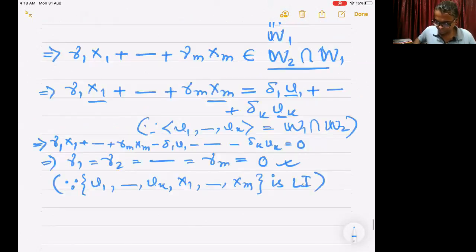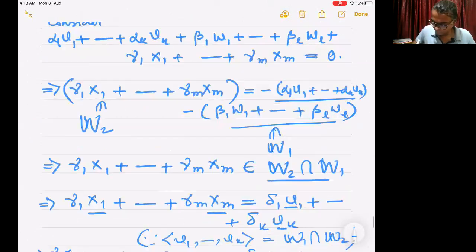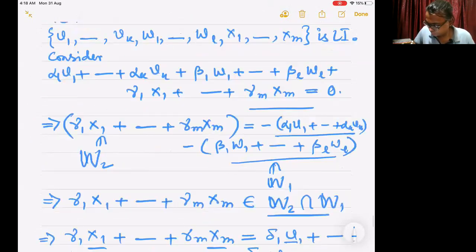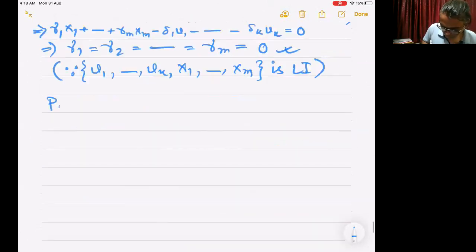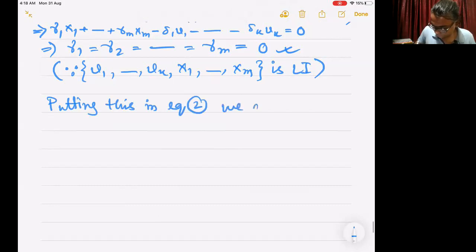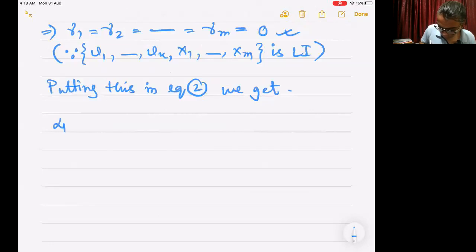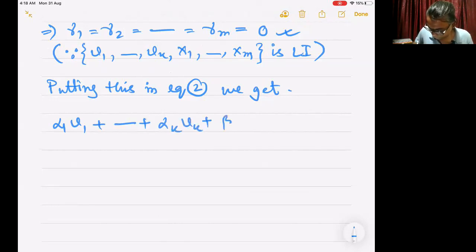Putting this in equation 2, we have already obtained that gamma 1 up to gamma m must be 0. We obtain that alpha 1 v1 plus dot dot dot up to alpha k vk plus beta 1 w1 plus dot dot dot up to beta l wl must be equal to 0.